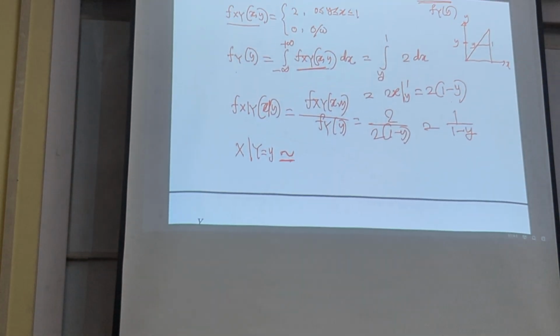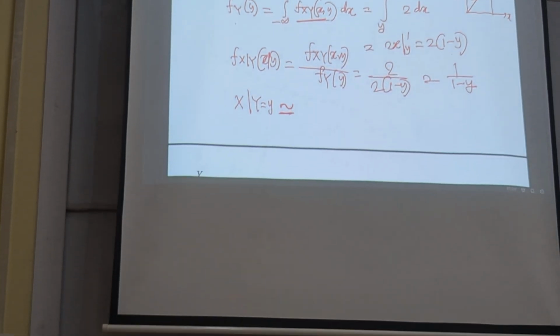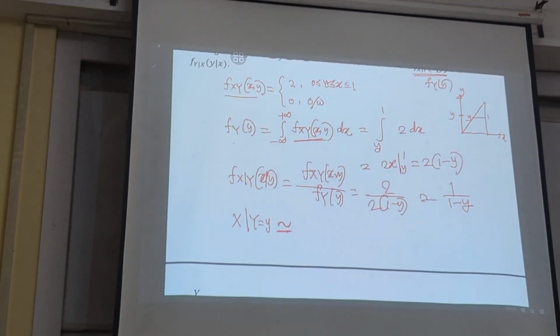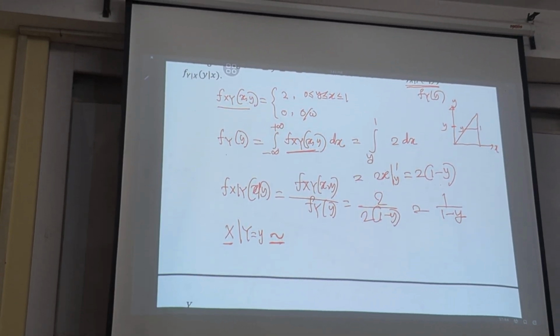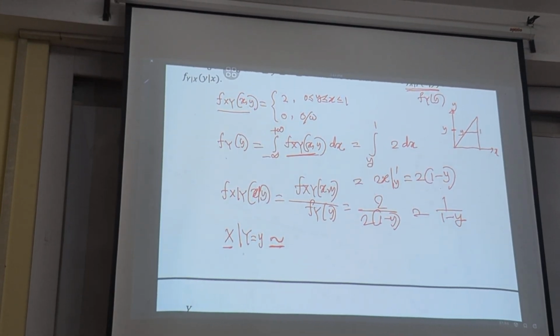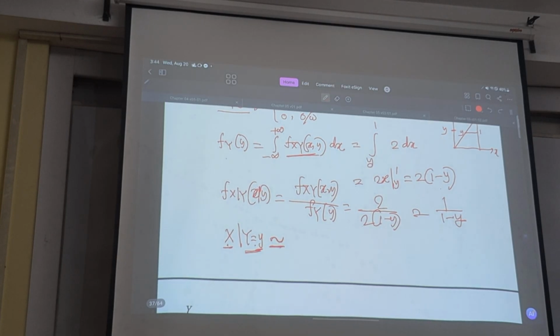We use this symbol to represent the distribution of whatever we have done. So we want to know the distribution of x, which is conditional on a particular value of y. So the conditional distribution of x given y is, can anyone tell?